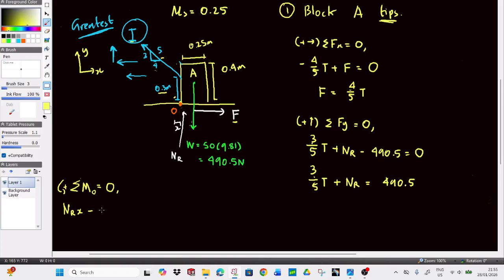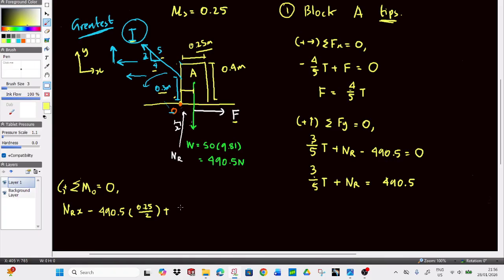Then of course we have the weight, 490.5, and the weight of the block acts at half of 0.25, so 0.25 meters divided by 2, going counterclockwise. And then our tension force has two components. The horizontal component will create a moment in the counterclockwise direction, whereas the vertical component will not create any moment with respect to O.